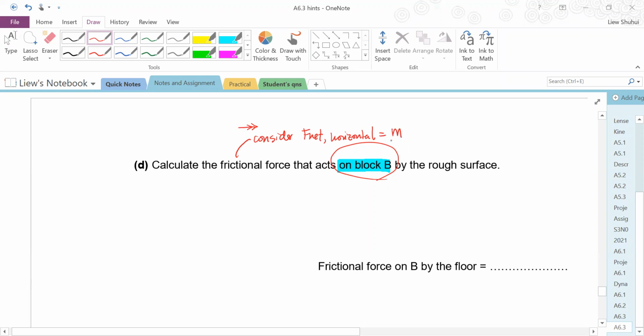So if you consider block B, F net in a horizontal direction equals the mass of B times acceleration, then you should be able to find out the frictional force that acts on block B by the rough surface.